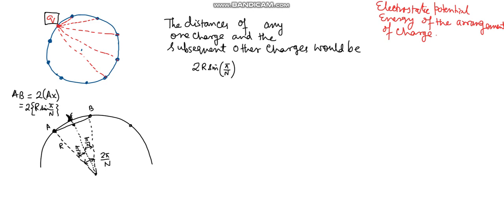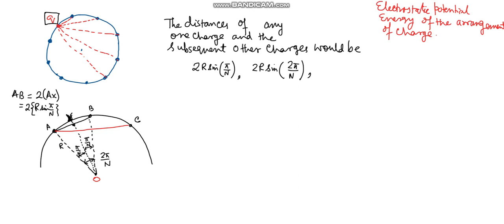Then there will be another charge C. If I join A and C, how much angle will it be subtending at the center? It will be subtending double of 2 pi by n, that is 4 pi by n. So the distance will be 2r sine of 2 pi by n, half of that.